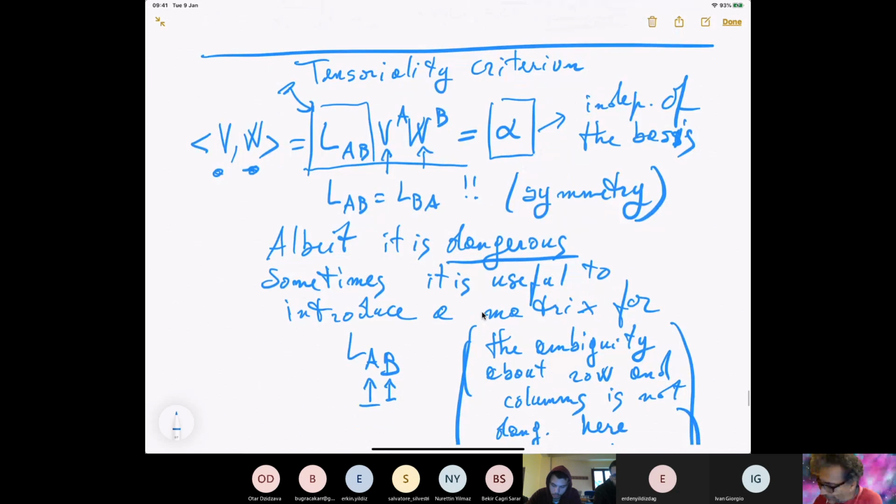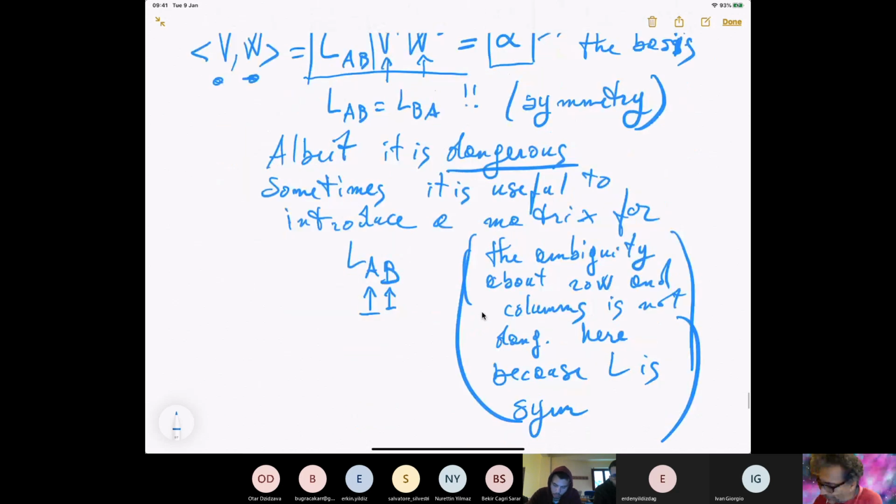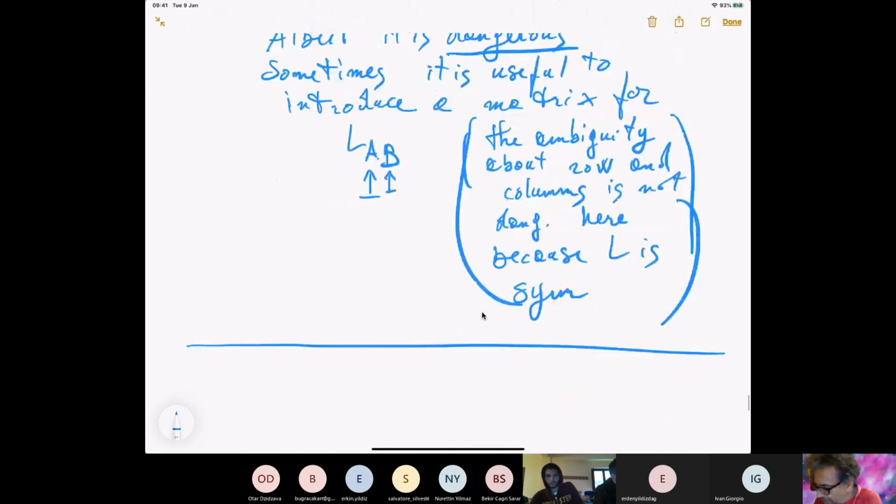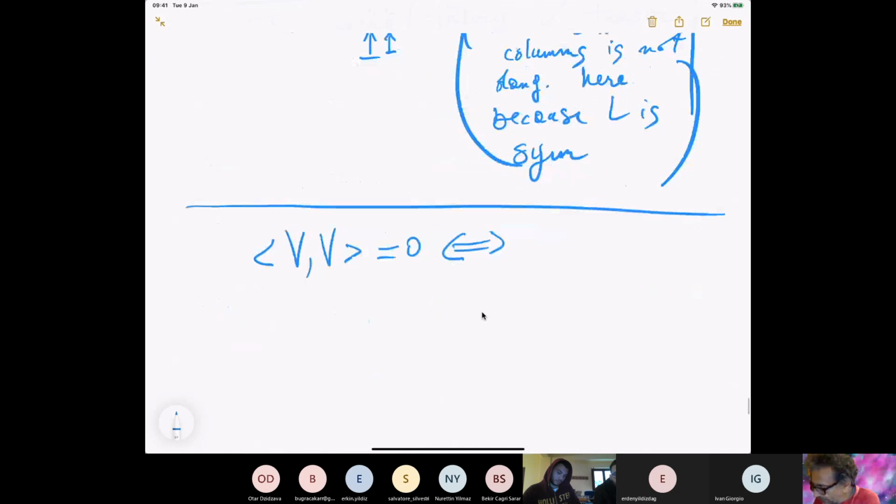Now, we require that L(V, V) equals 0 if and only if V is 0. This is non-singularity of inner product.